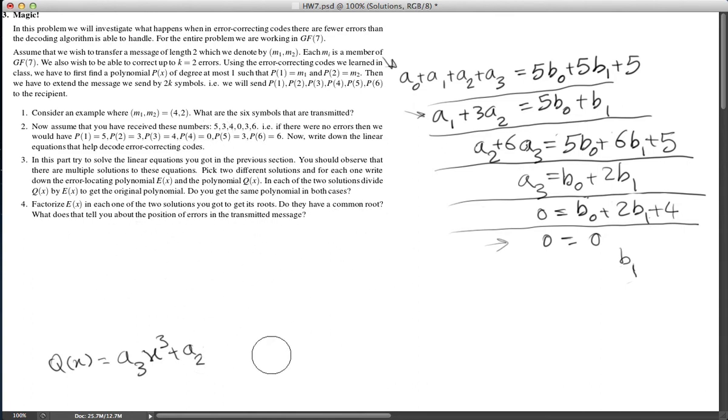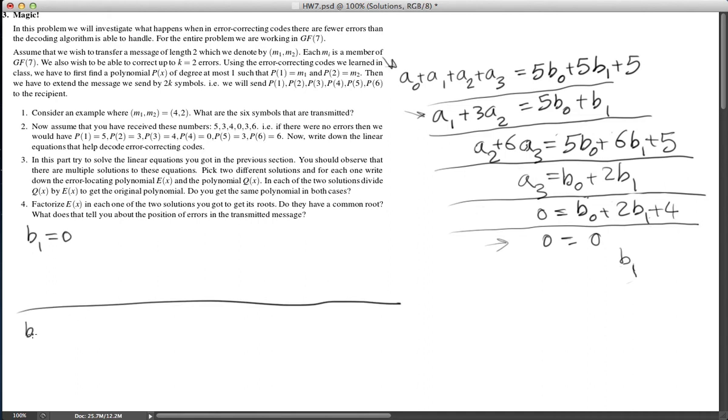So we're going to have one solution for when b1 is equal to 0. And we are also going to have one solution for when b1 is equal to 1. Okay, so let's go ahead and back solve this.